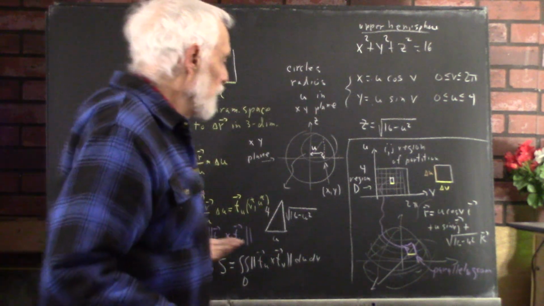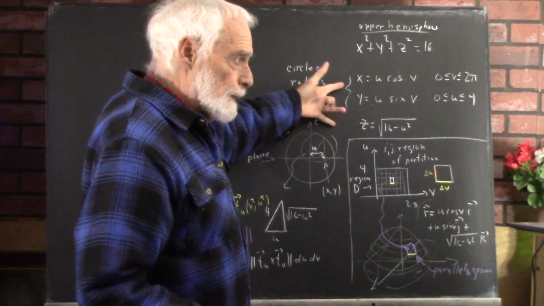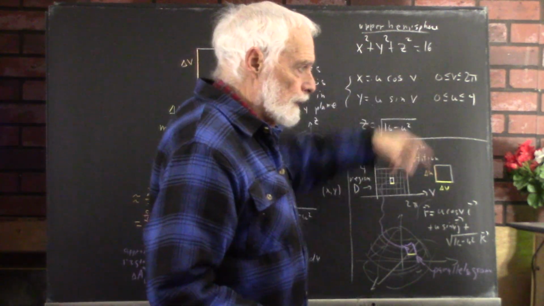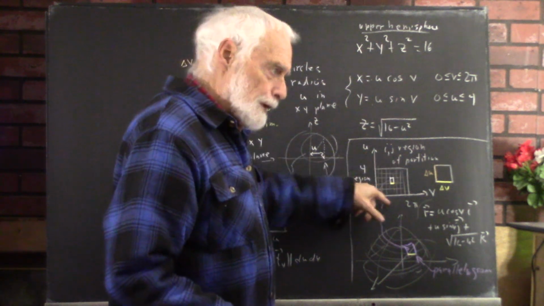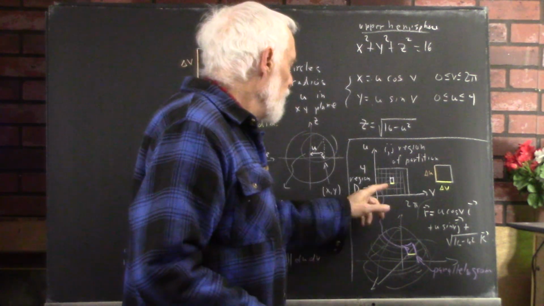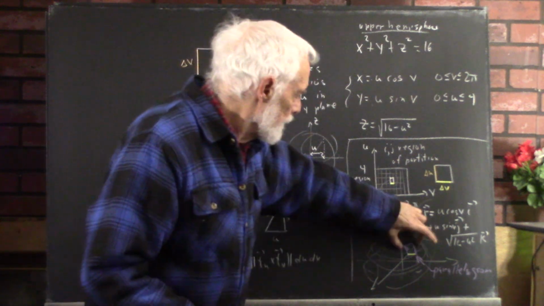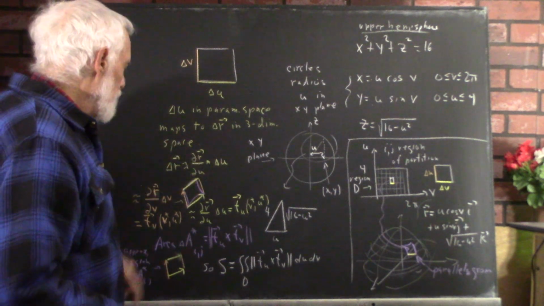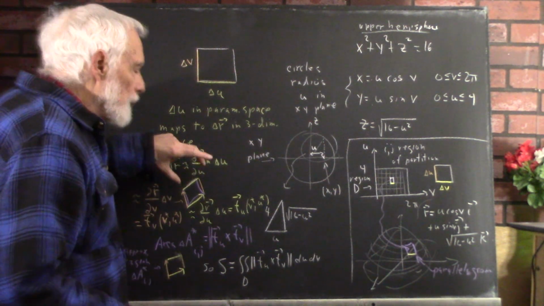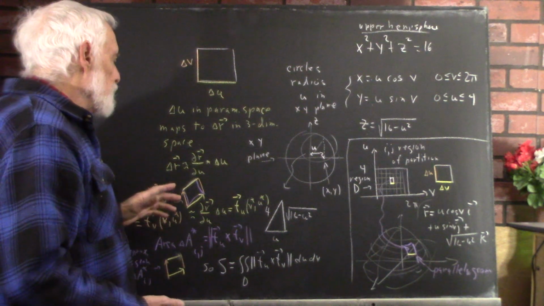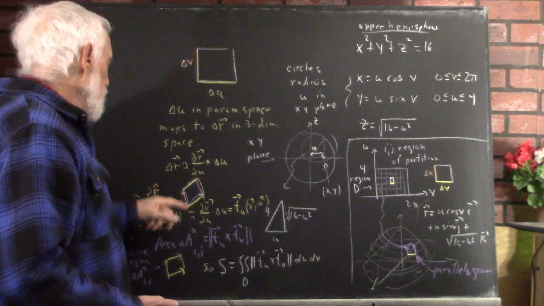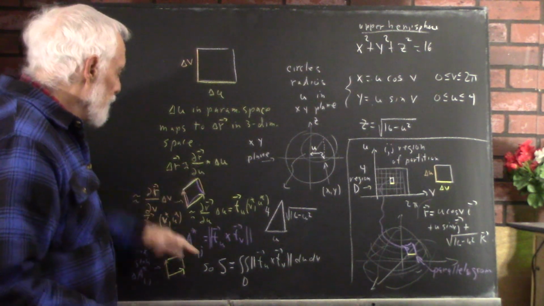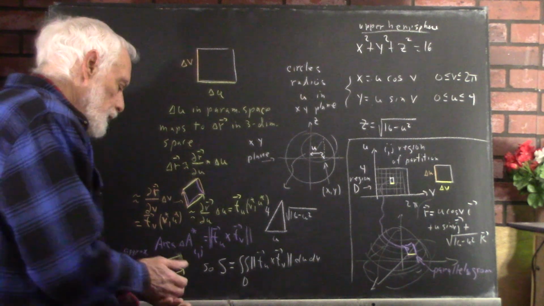The whole concept is to have a parameterization with constant limits on u and v, in this case giving us a rectangle in parameter space that maps to the surface of the sphere, giving us this approximate parallelogram with dimensions tu by tv, and an angle that allows us to calculate this area by the cross product of tu with tv.